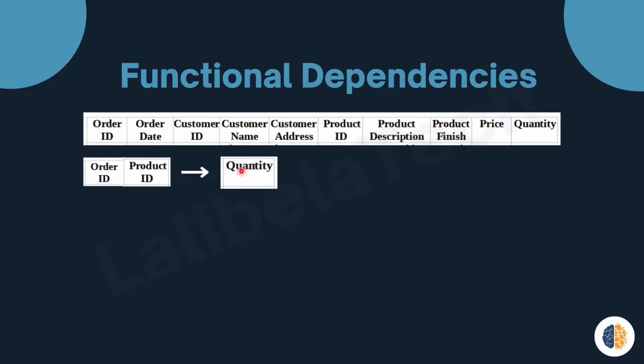Here, quantity is dependent on two attributes, order ID and product ID. As we discussed in lecture 1, the only candidate key for this table is the composite key consisting of the order ID and product ID, because there is only one row in the table for any combination of values for these attributes.